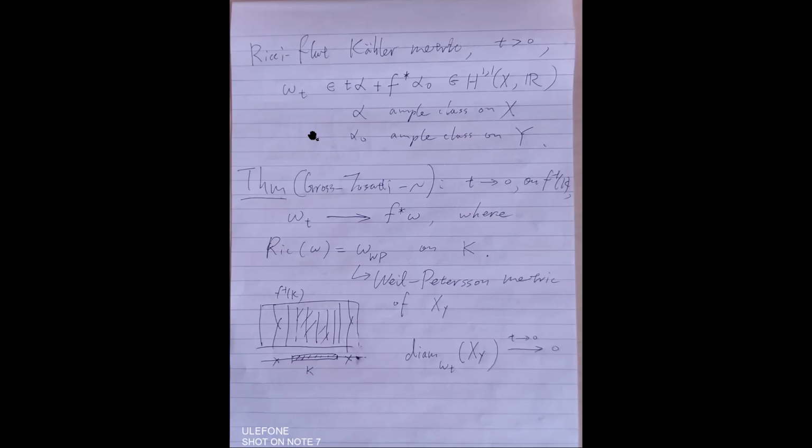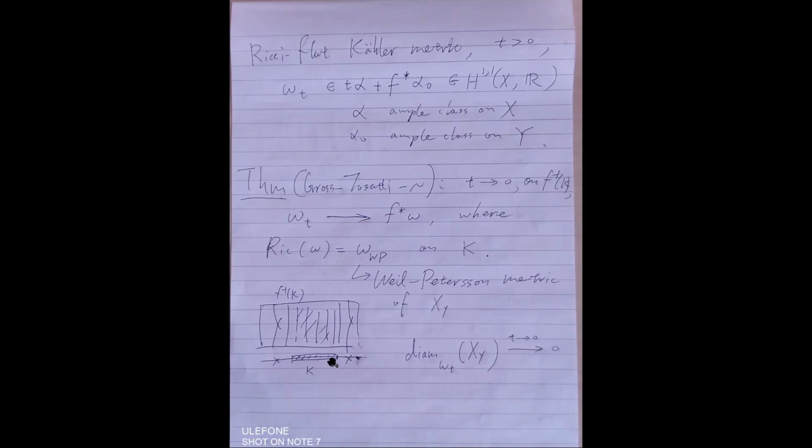So now I want to recall the early result with Gross and Tosatti. Our result says something like this, describing this metric. When t tends to 0, omega_t tends to a pullback metric from the downstairs.